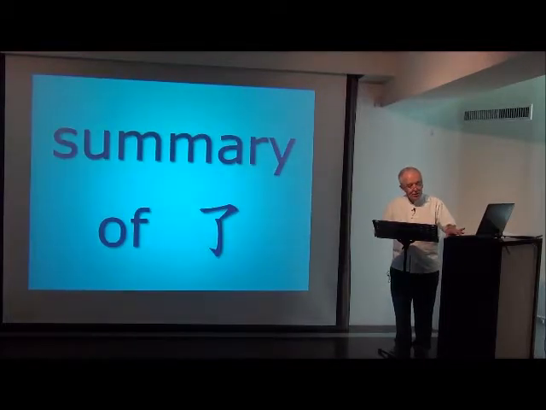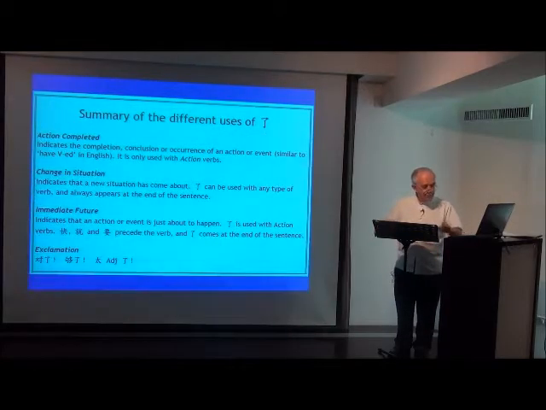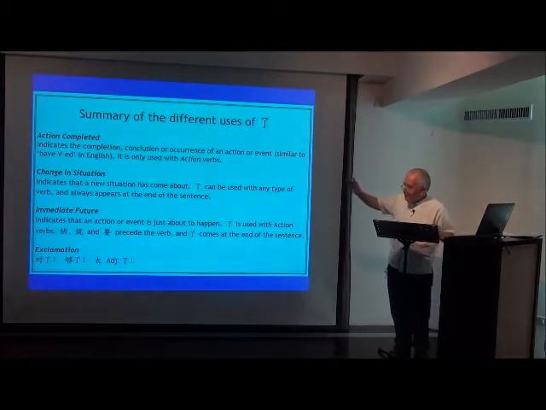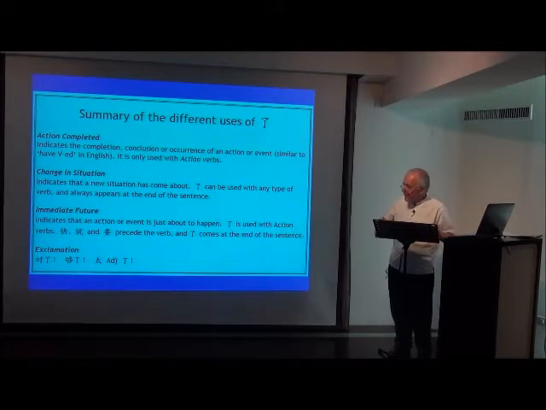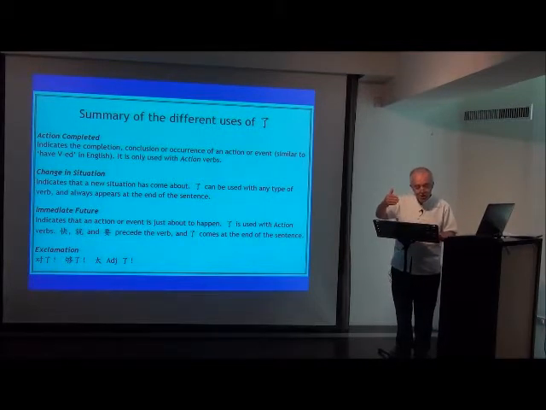So let's now look at the summary of le. As we just said, le indicates the completion, conclusion, or occurrence of an event in the past, similar to have plus verb-ed in English, and it is only used with action verbs. And so you take 孩子吃了早饭就出去了.